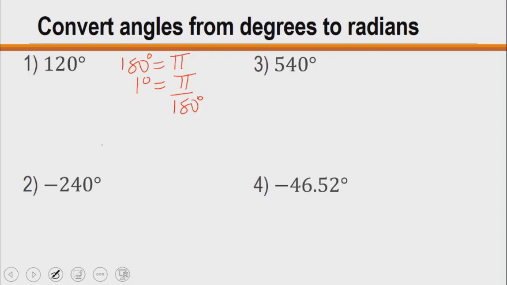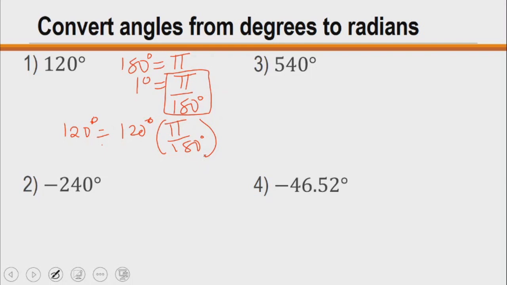So whenever you are asked to convert from degrees to radians, you multiply the angle in degrees that you are given by pi over 180. Let's do the first one. 120 degrees will be 120 degrees multiplied by pi over 180 degrees.